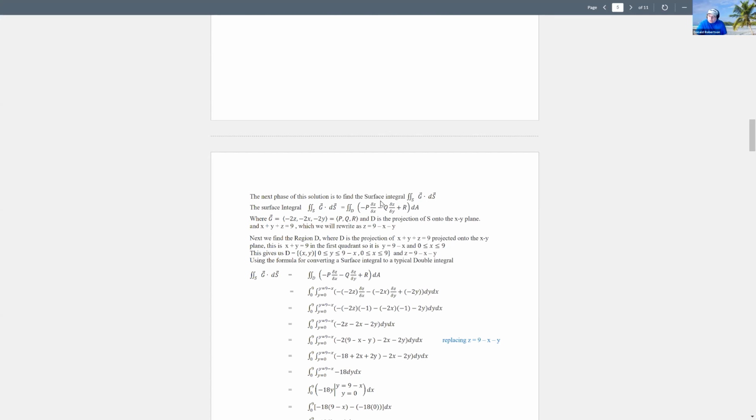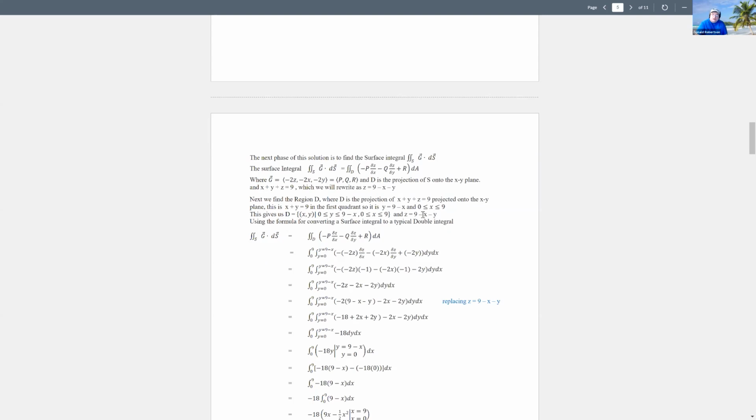Double integrals we're comfortable with, surface integrals not so much. The formula for it is negative P this, negative Q that, plus R dA. And it's just a piece of magic that you're told. So if G is this, P is negative 2z, Q is negative 2x, and R is negative 2y.